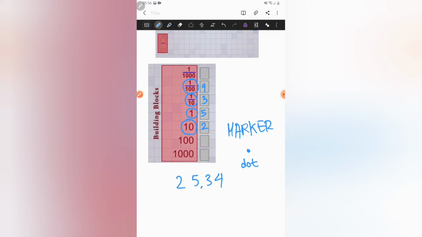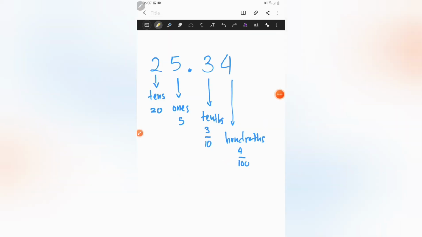We put that marker to separate 5 and 3. By that time, now we can make this the new number. It is no longer 2534, but it is 25.34. So this is the clearer explanation for the decimal.